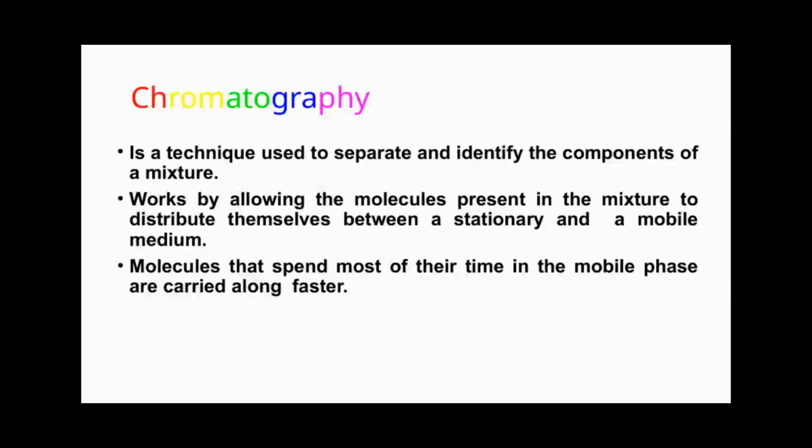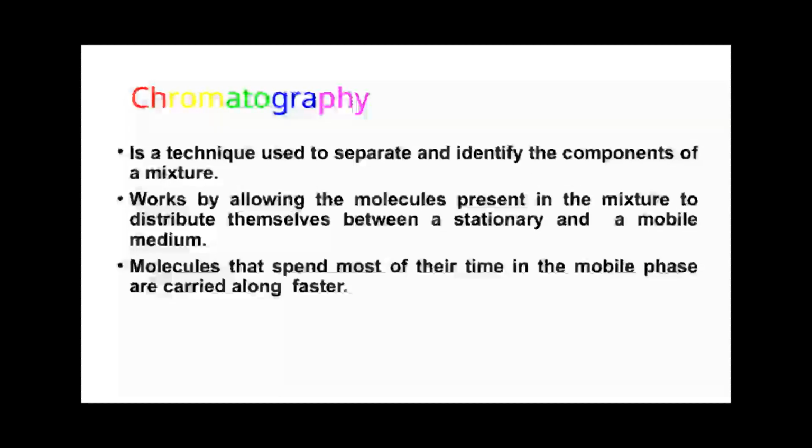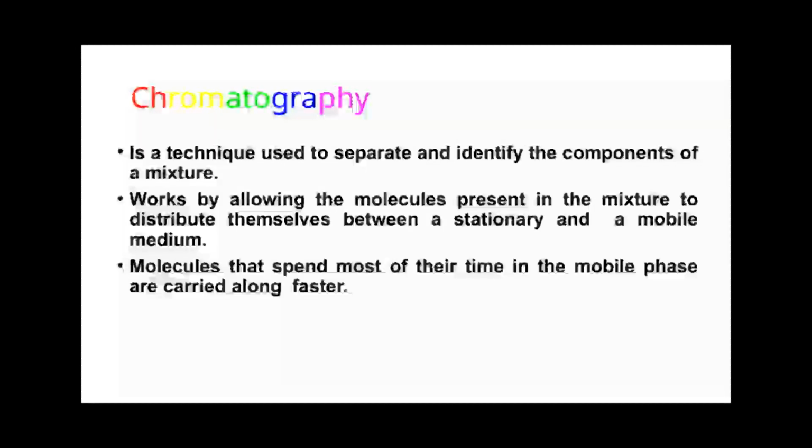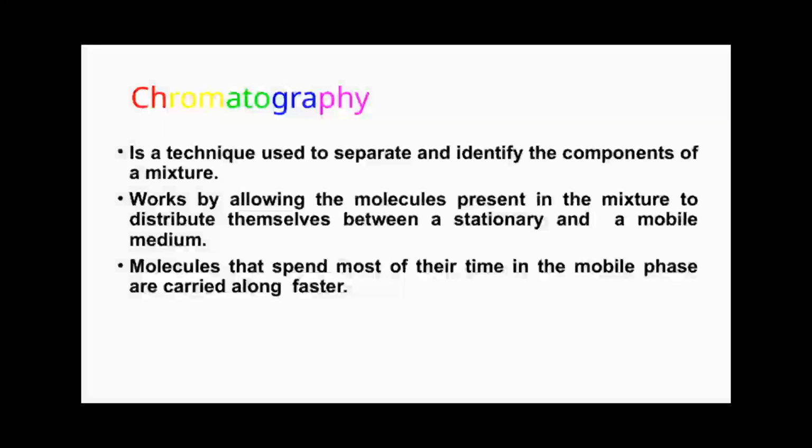So, chromatography is a technique used to separate and identify the different components within a mixture. Essentially, it works by allowing molecules to distribute themselves between two phases, a stationary phase and a mobile phase. Imagine the mixture as molecules competing to stay in one phase or move with the other. Molecules that tend to spend more time in the mobile phase get carried along faster through the system.